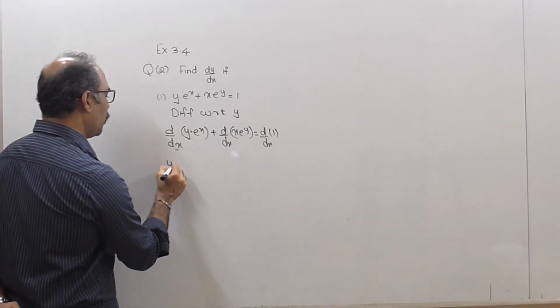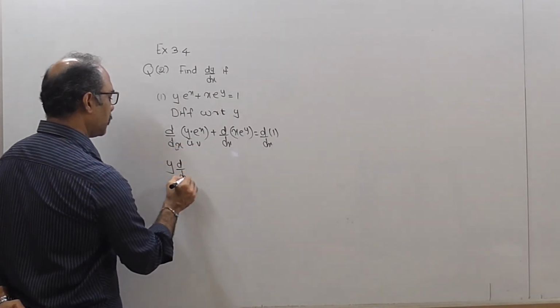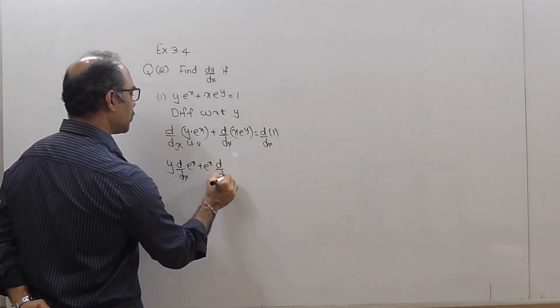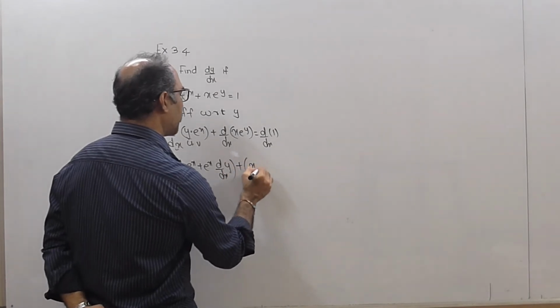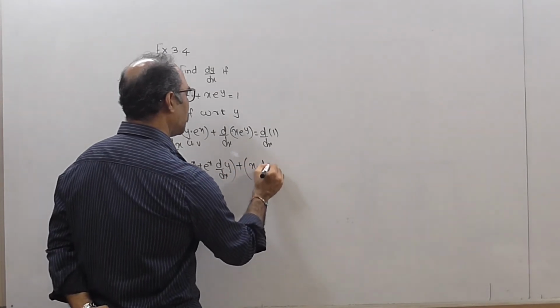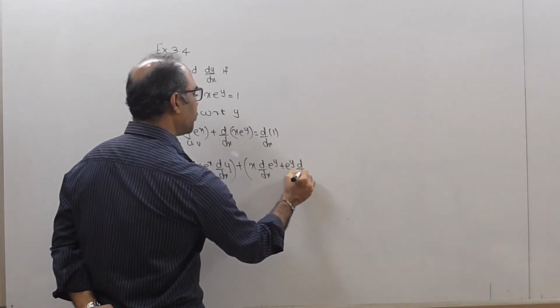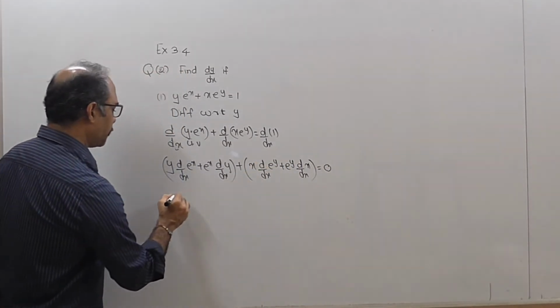So you have to do by u into v, y d by dx of e raised to x plus e raised to x d by dx of y plus x d by dx of e raised to y plus e raised to y d by dx of x, and derivative of 1 is 0.